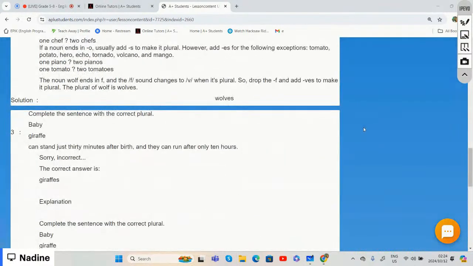And then baby giraffe. What is the plural form of giraffe? Baby giraffe can stand just 30 minutes after birth and they can run after only 10 hours. We need to give the plural form of giraffe.